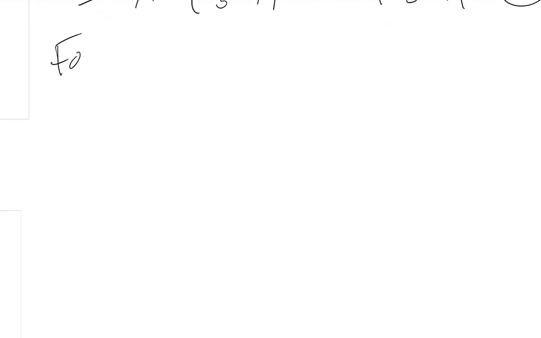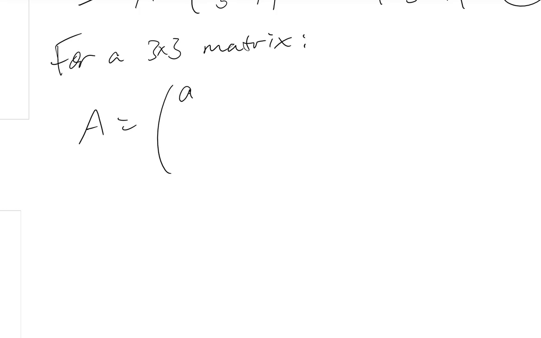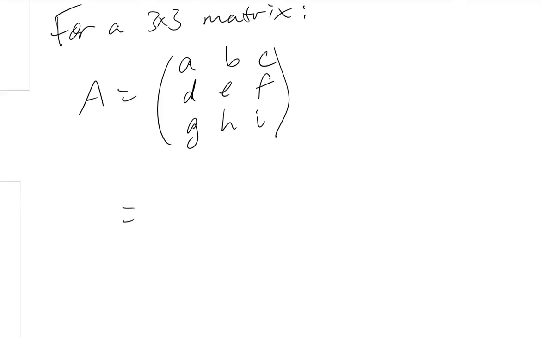So for a 3x3 matrix, this is where the cross product is really going to come in. Suppose we have a matrix A, and it's a, b, c, d, e, f, g, h, i. Now I'm not going to go into the specifics of why this works, I'm just going to show you what the determinant is.